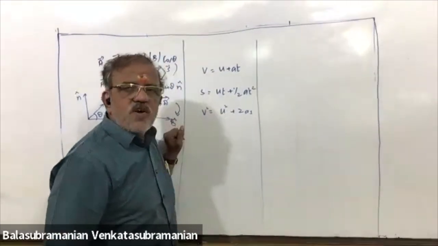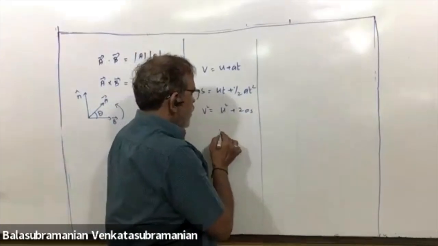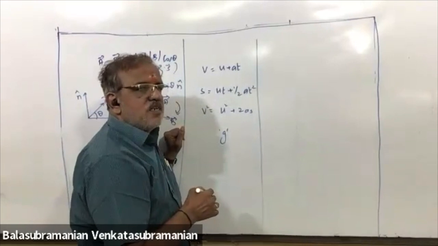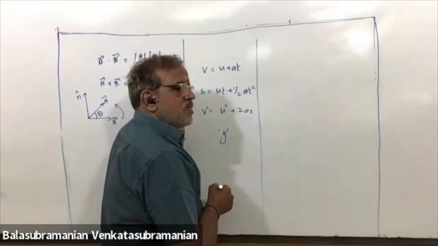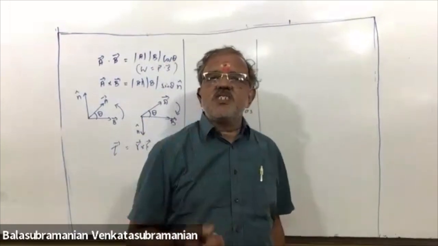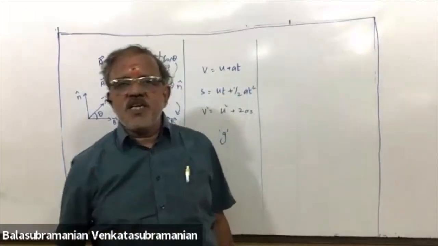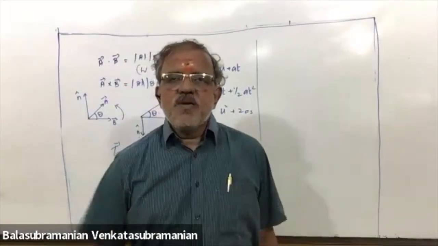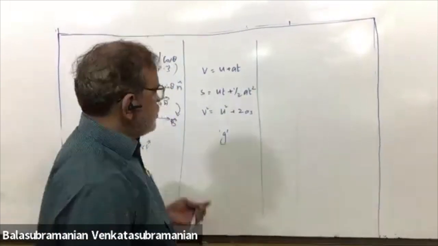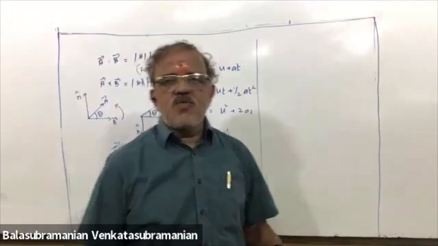In the case of vertical upward or downward motion, A is replaced by G. Since it is moving against gravity for upward motion, G is negative. Downwards means G is positive. Already we have seen this concept in the problems related to motion of bodies in a straight line. So A is replaced by G: upward means minus G, downward means plus G.